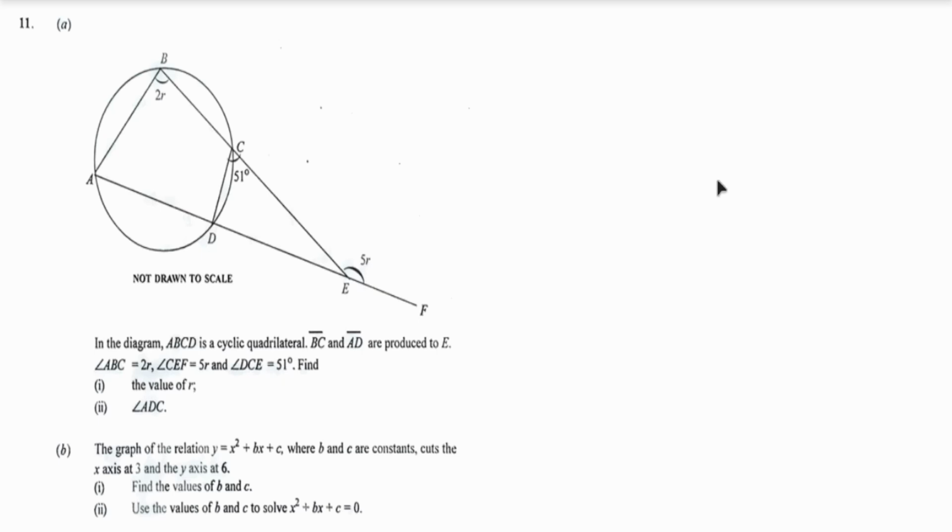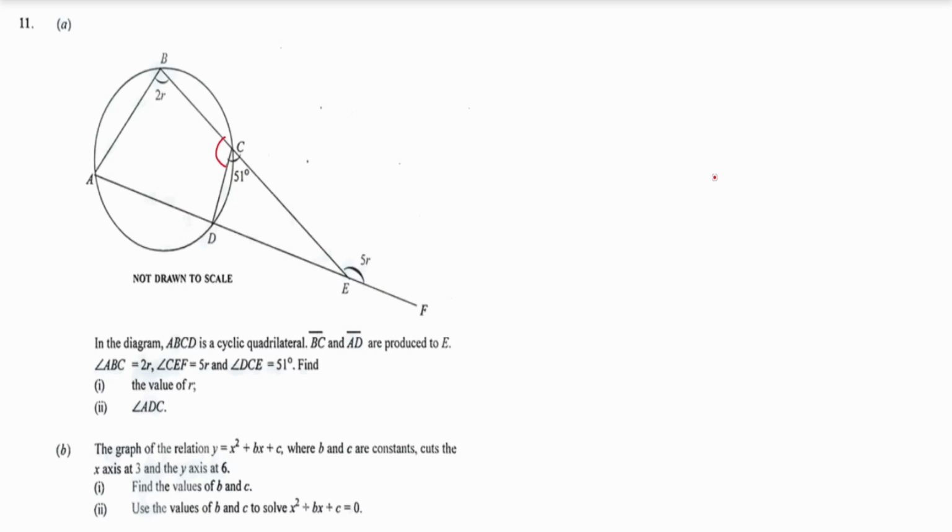II, angle ADC. Alright, since this is a diagram, I would not like to do so much writing, so I will mark most of my angles on the diagram and then explain. We'll start by finding this angle here, BCD. BCD is on the same straight line with the 51 degrees, which is DCE, and angles on a straight line add up to 180.